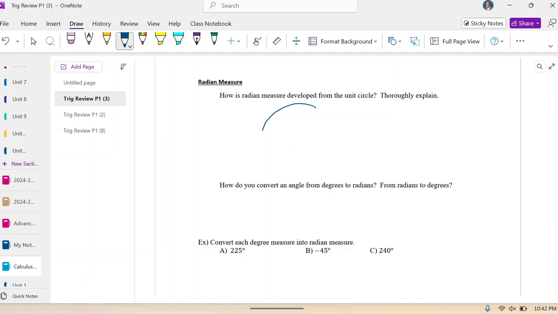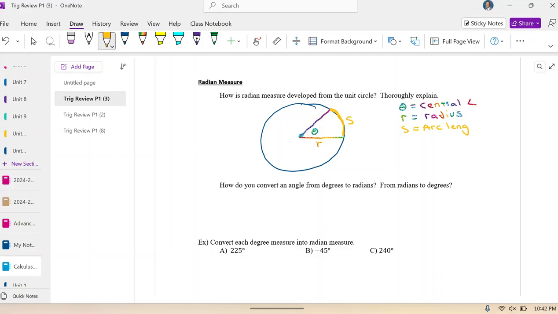Well, remember, if you have a circle, and you have a central angle here, that's theta, and you have the radius, which is r, that all central angles intercept an arc on the circle, which we'll call S. So radian measure is just the arc length over the radius.